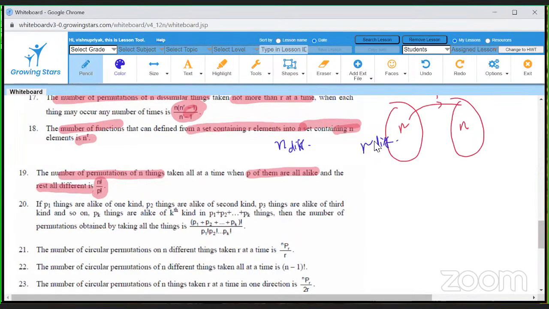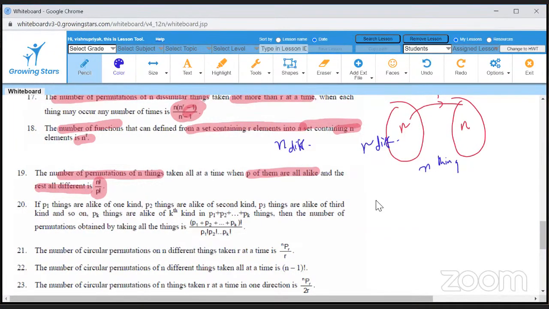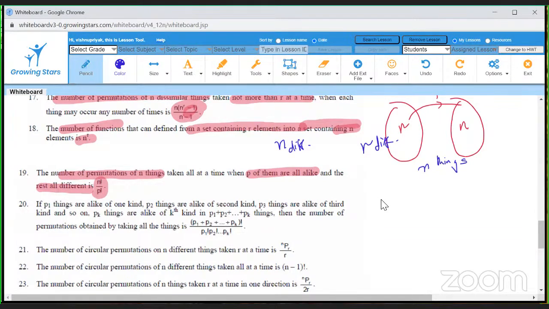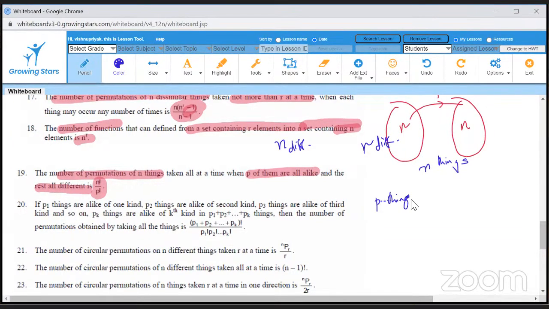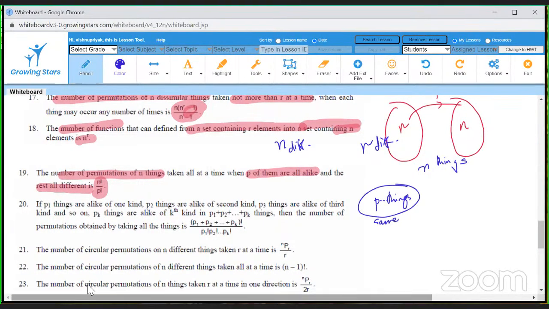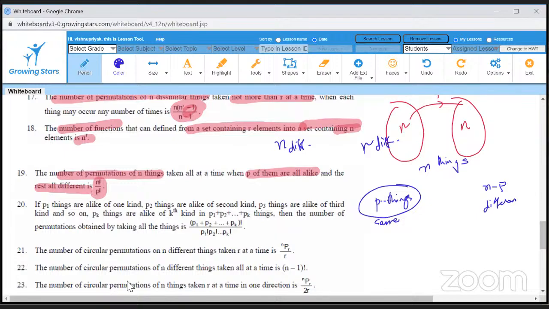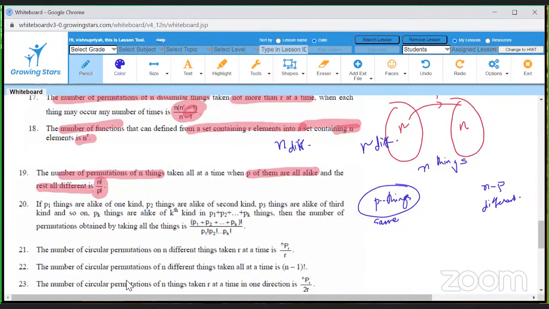But now the case is you have total n things, and out of that, there are p things which look exactly the same, and the remaining n minus p things look different. Then in how many ways can you arrange? That is n factorial by p factorial.